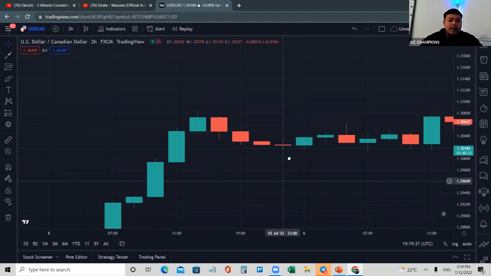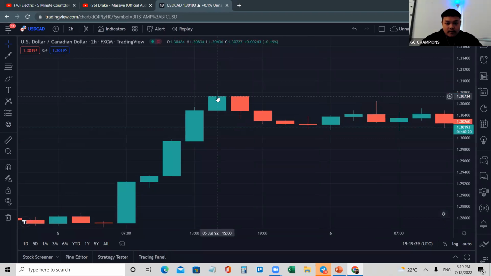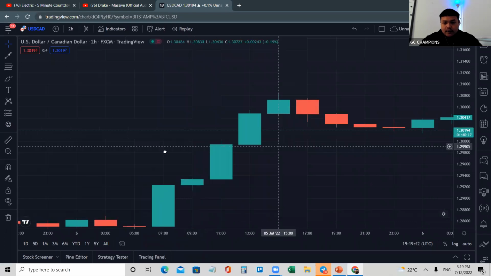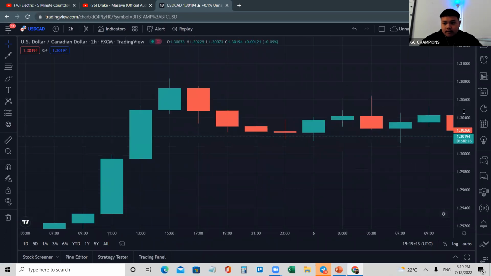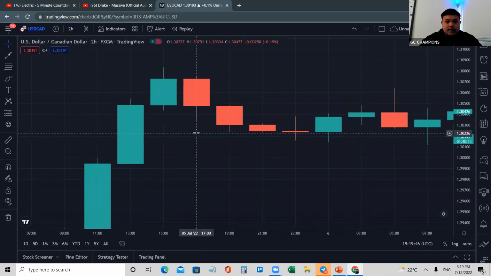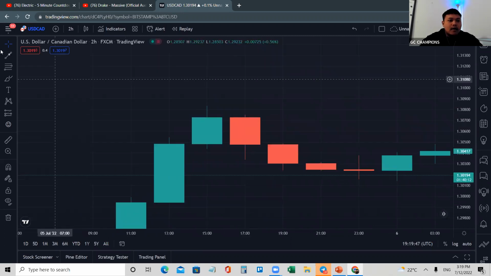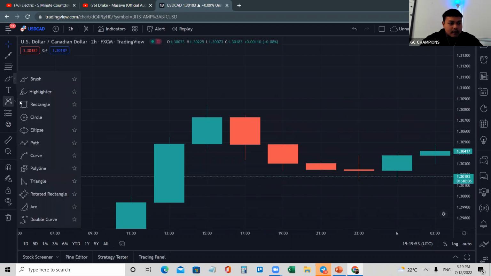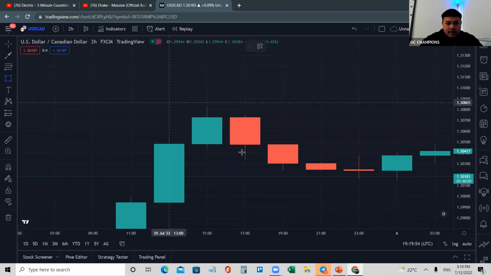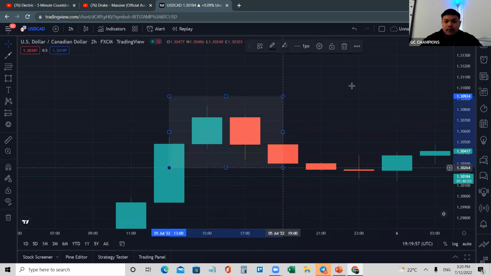Now let's look at the candlesticks again. Let me make it bigger, so it's easier for you to see. On these candlesticks, there are 2 candlesticks.